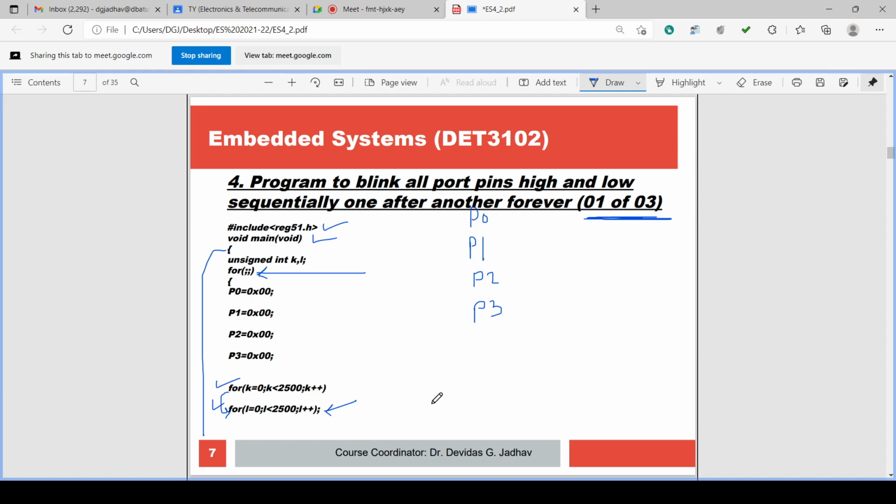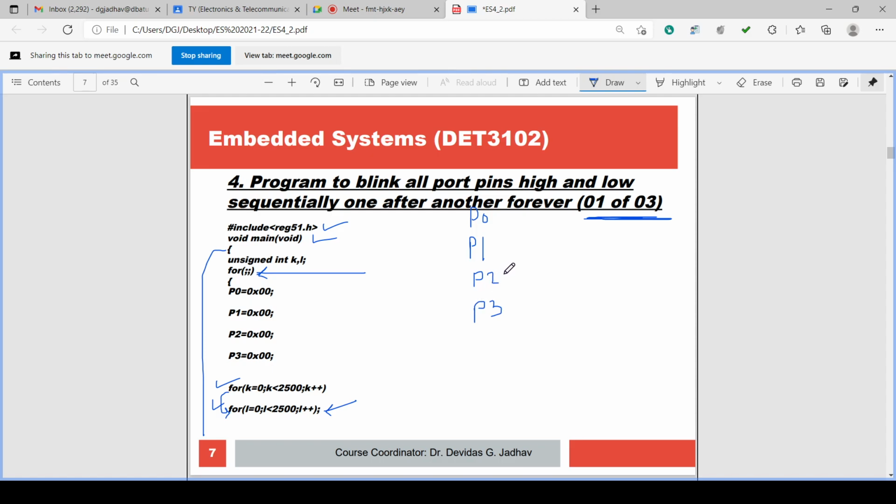Let us check. Suppose the for loop for k starts. So these first four instructions are executed: P0 equal to 0x00, P1 equal to 0x00, P2 equal to 0x00, P3 equal to 0x00. All of P0, P1, P2, P3 are given 0 output.